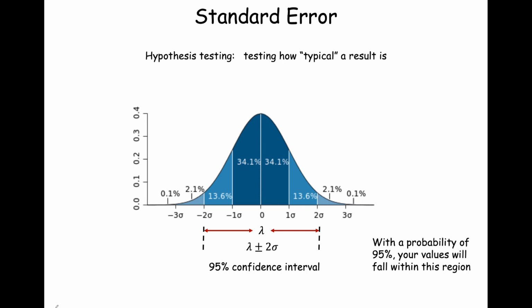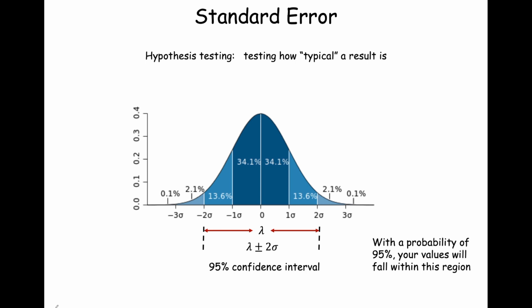This idea of standard error is related to something called hypothesis testing. In hypothesis testing, we're basically asking the question of how typical a particular outcome, sample, or result is. Imagine we had some measured quantity, let's say the number of customers that walk into a store.